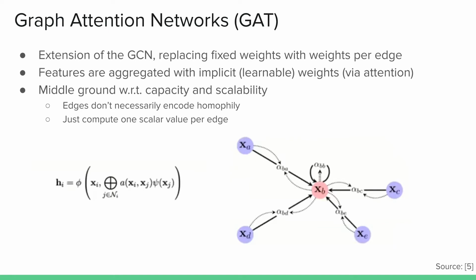As you can see, mathematically, what we're doing is we have this function alpha here that is now also depending on the x_i and x_j nodes themselves. So this is the learnable function, and it's already one step up from graph convolutional networks.